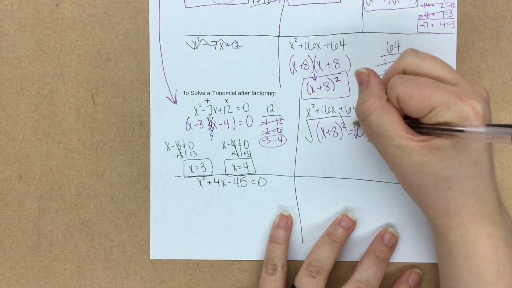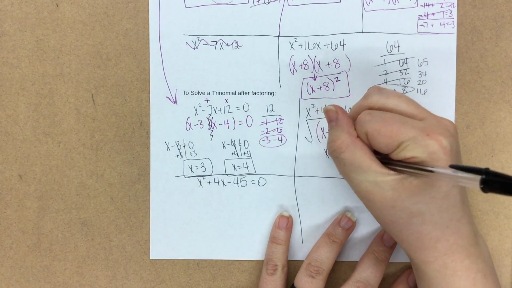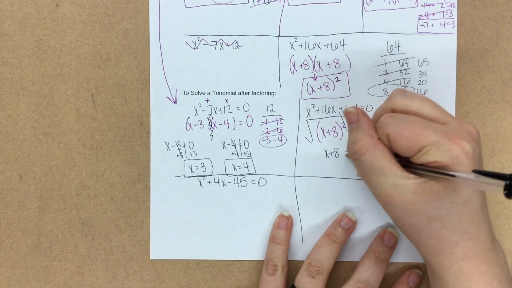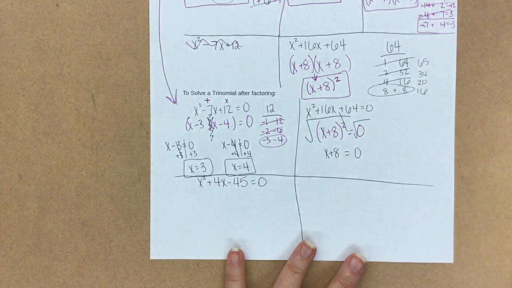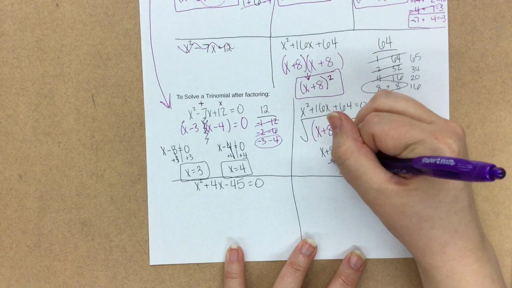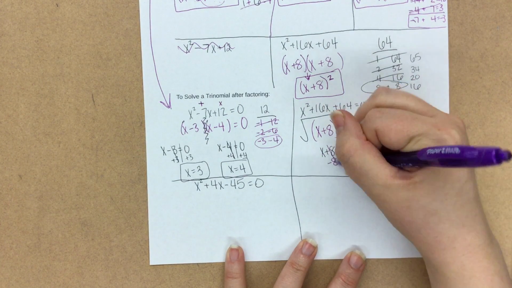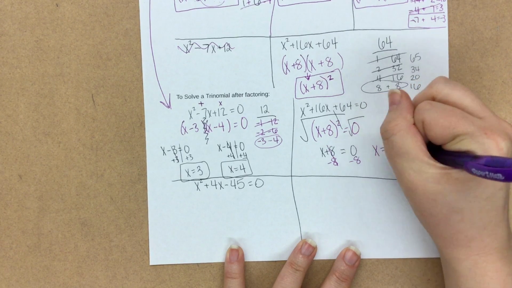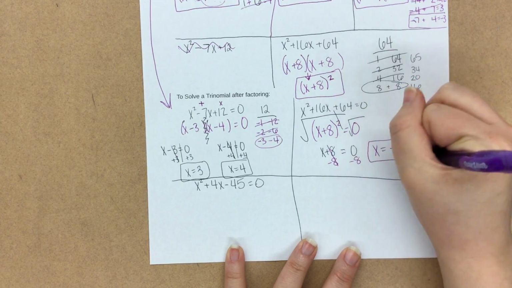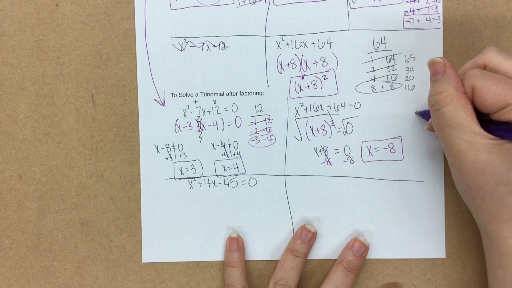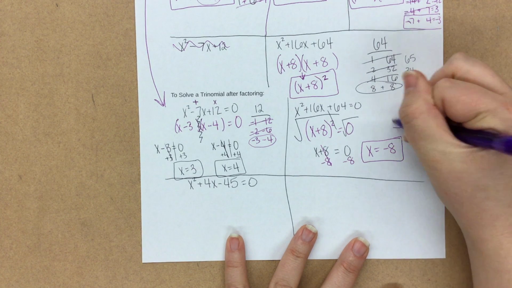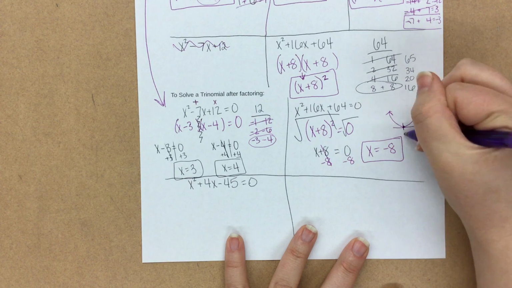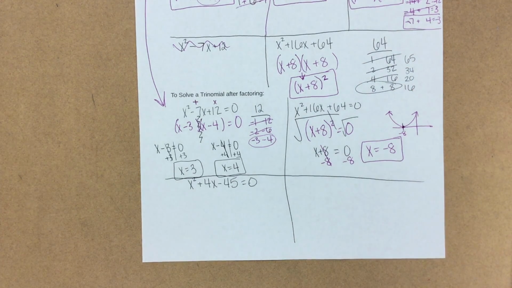So I'm going to take the square root of both sides, and I'll have x plus 8 all by itself, still equal to 0 because the square root of 0 is 0. And now I can solve this, and I get minus 8, and I get that x equals -8, one solution. Okay, remember that happens when the graph is just touching right there at -8. Okay.